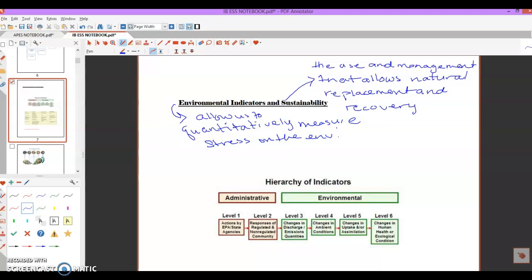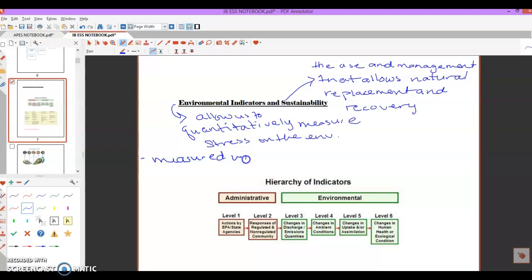Now quantitative, hopefully you guys remember from math, is a numerical term. So quantitative means number. Qualitative means another type of descriptor. Okay, now the way that we actually measure this, there's a specific test.